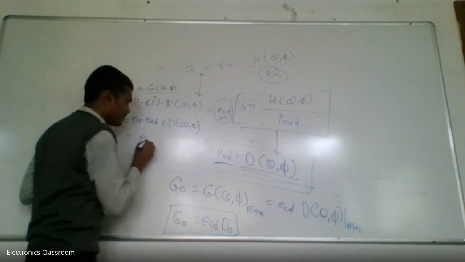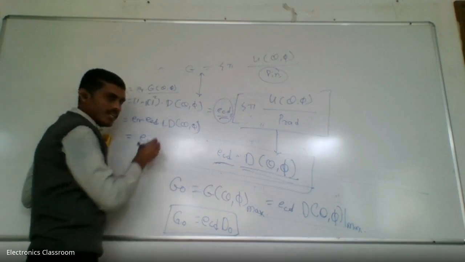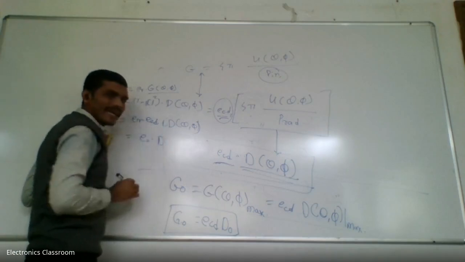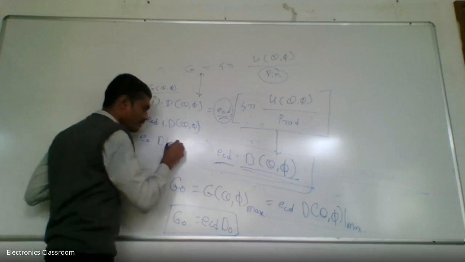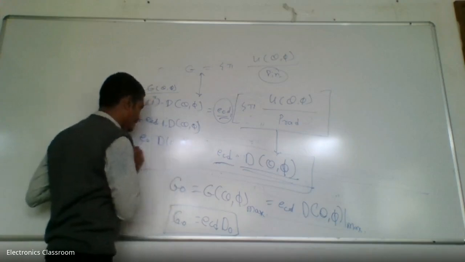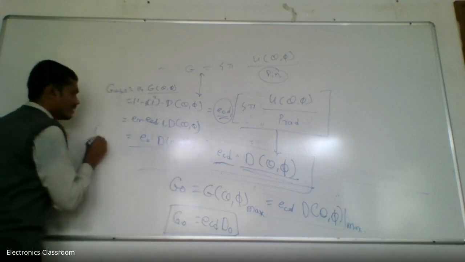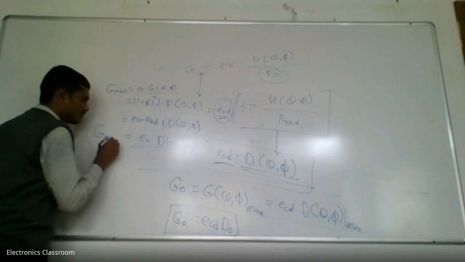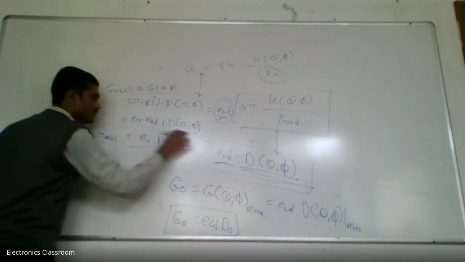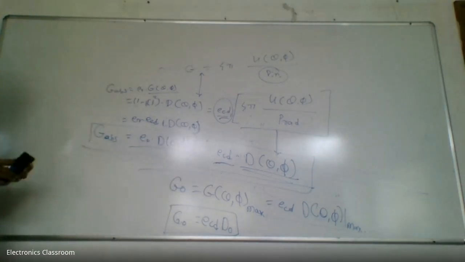Your final equation will be antenna efficiency into directivity of the antenna in a given direction, and it is known as your absolute gain equation.